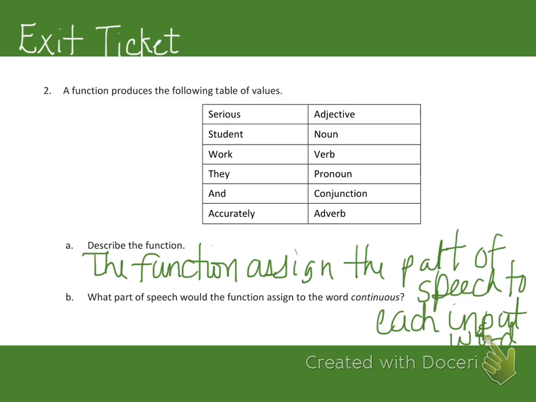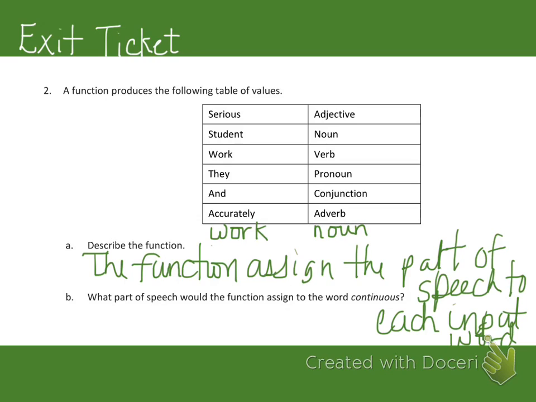Would you agree with me that if I input work, I could get an output of noun? Okay? The work I did this afternoon was difficult. In that sense, the word work is a noun, but it's also a verb. I work on the dishes every night.